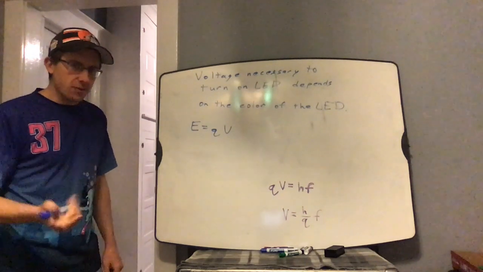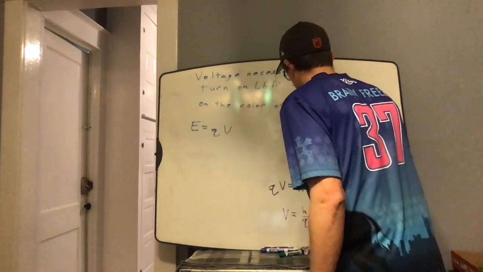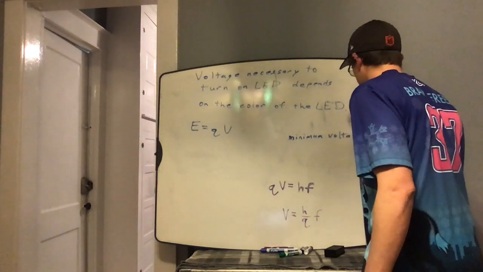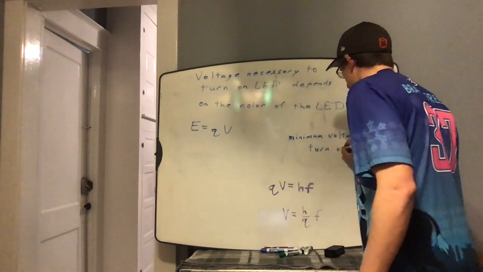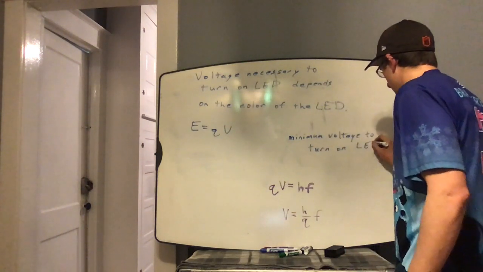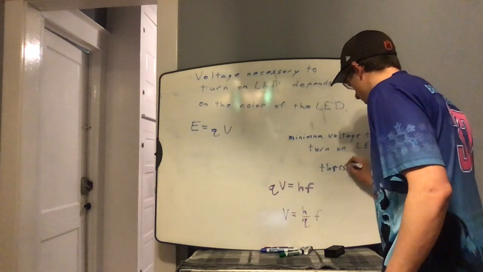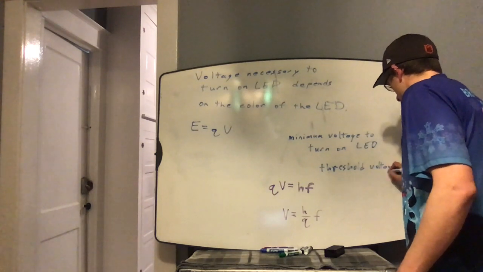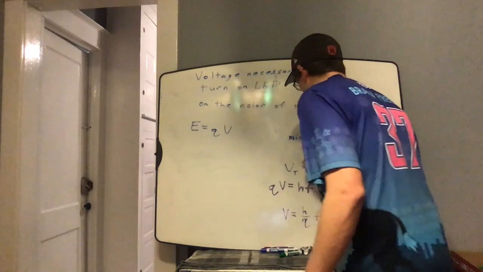So there is a minimum voltage to turn an LED on. And this minimum voltage to turn on an LED, I'm just calling a threshold voltage, or I'm calling it VT.